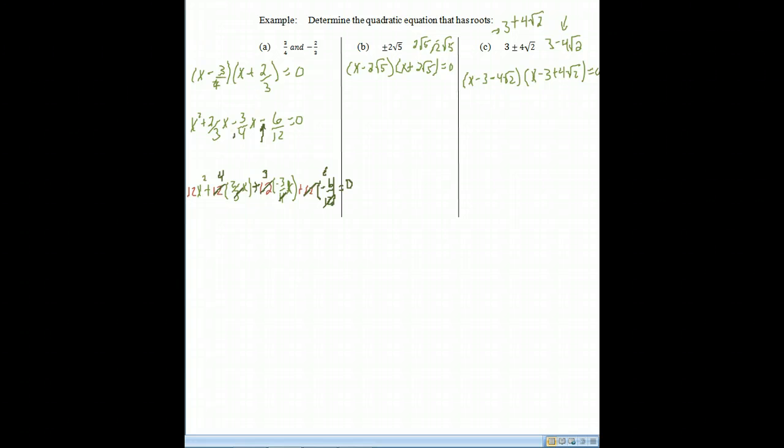Outside, I kept positive values everywhere. So it will be 12x squared plus 8x minus 9x subtract 6. And combining like terms, just the x's, this is our equation.